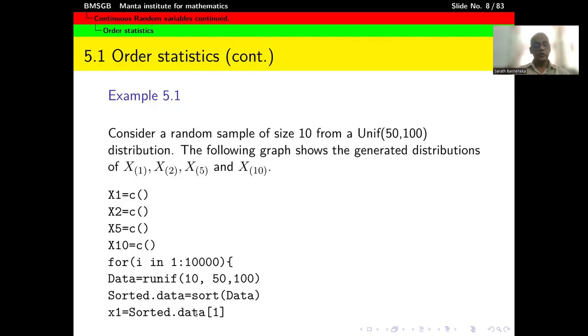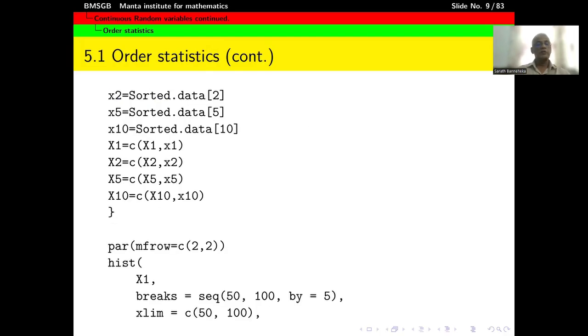And then after sorting, I take the first value, that is my simple x1. I take the second value, that is my simple x2. I take the fifth value, denoted by simple x5, and similarly x10. Right? So now I'm going to put this simple x1 into that capital X1, the empty vector. I'm going to combine these at each step of the loop.